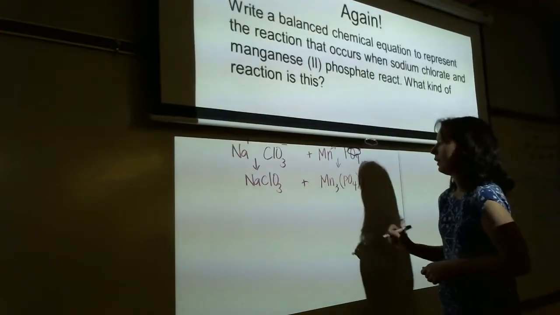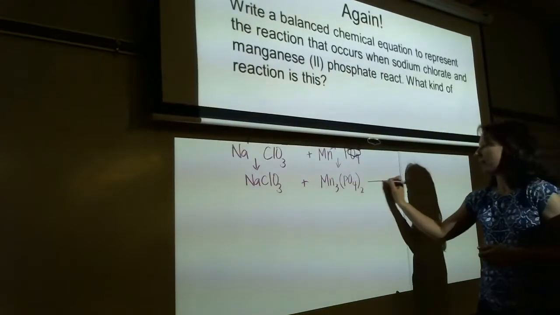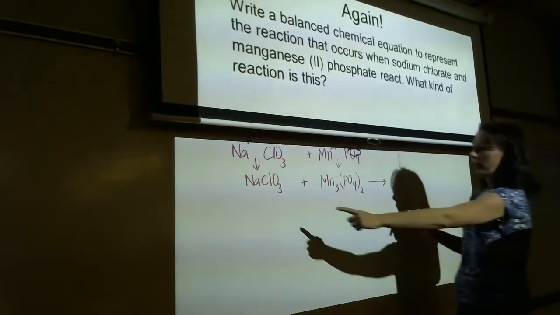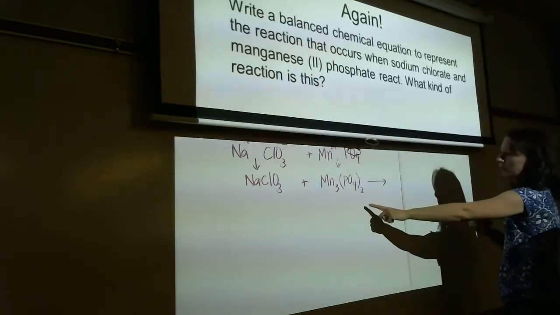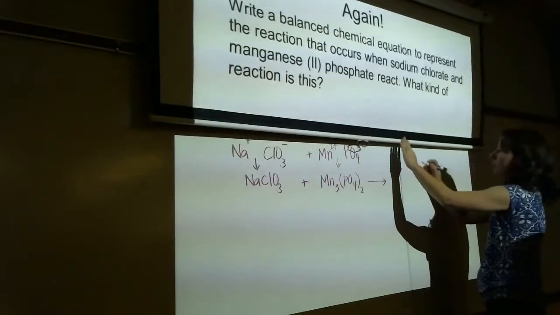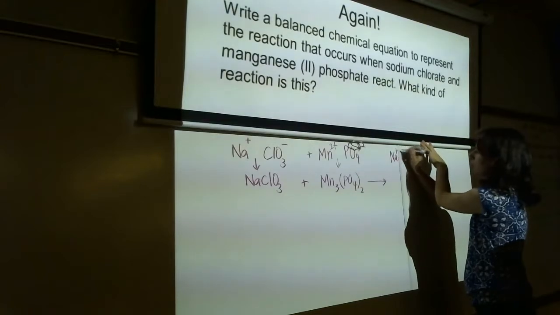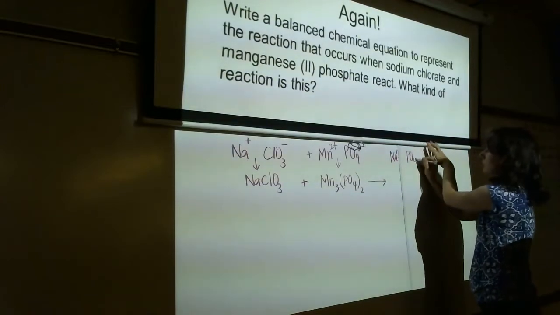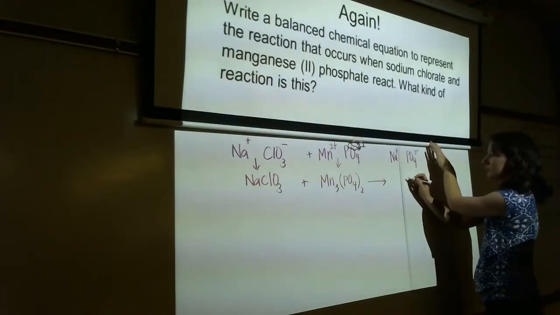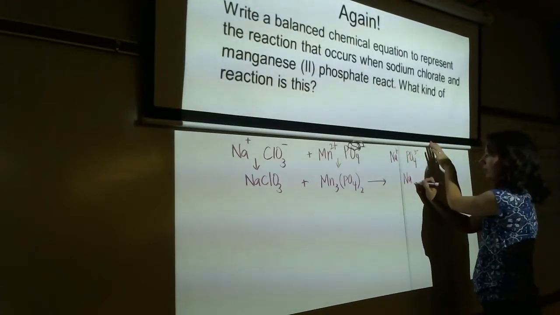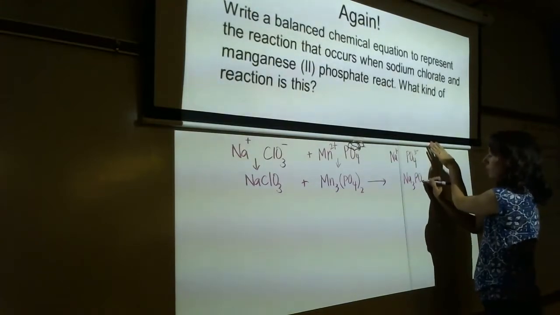Okay. Now this is a double displacement reaction, right? So that means that sodium is going to get together with phosphate. So when you crisscross those, you get Na3PO4, right?